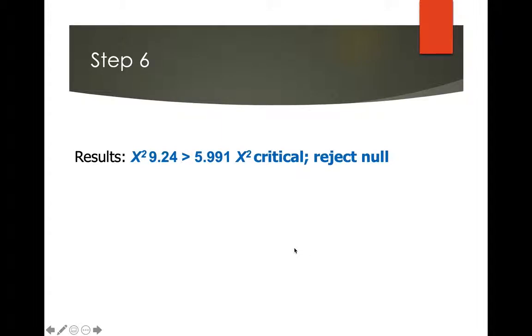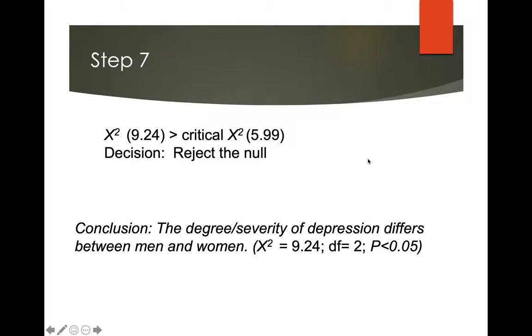Step 6 is where we are now comparing our calculated chi-square to our critical chi-square value, which is 9.24, which is greater than 5.991. Therefore, we are rejecting the null. Our conclusion, therefore, is that the degree or severity of depression differs between men and women.